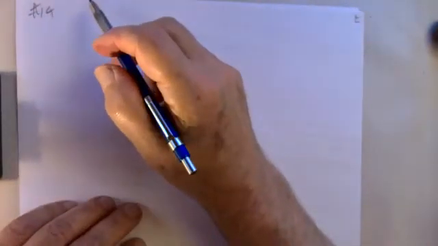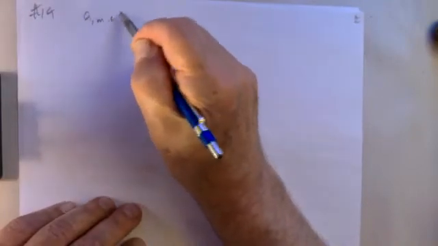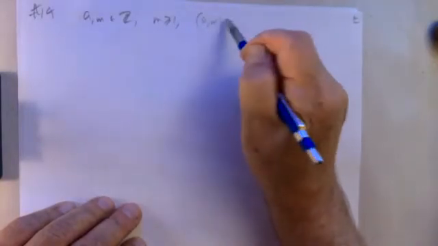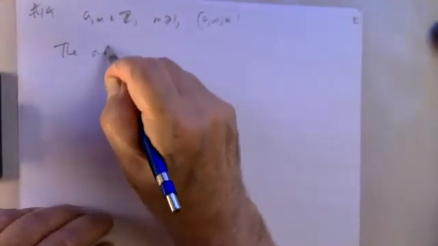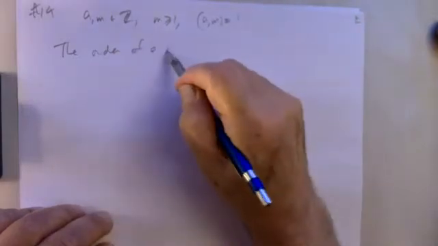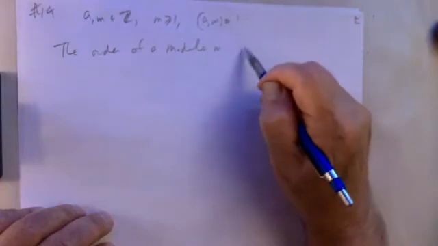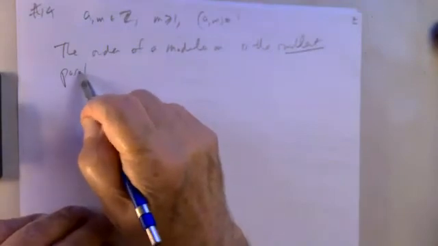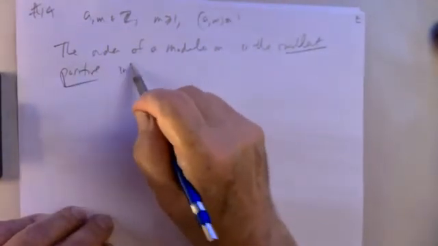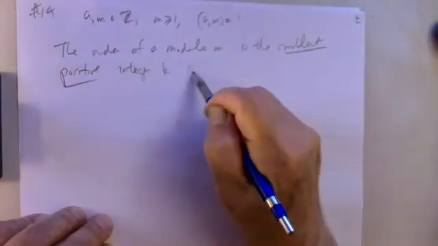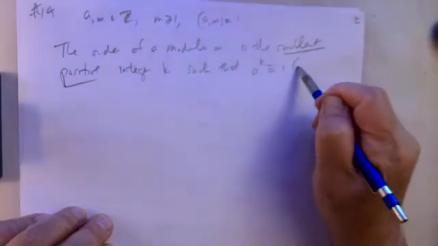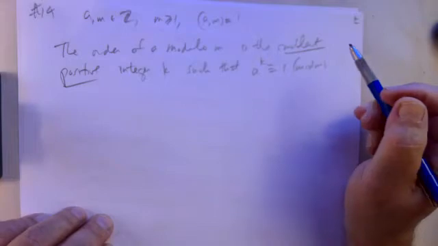So number 14, we have integers a and m. m is positive, and a and m are relatively prime. What is called the order of a modulo m is the smallest positive integer, let's say k, such that a to the k is congruent to 1 mod m.